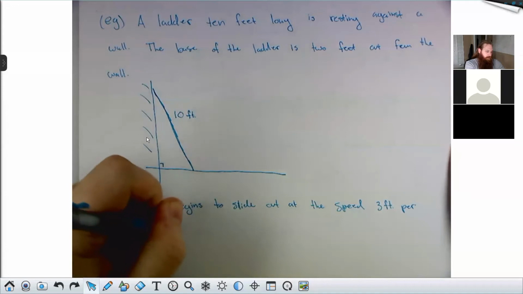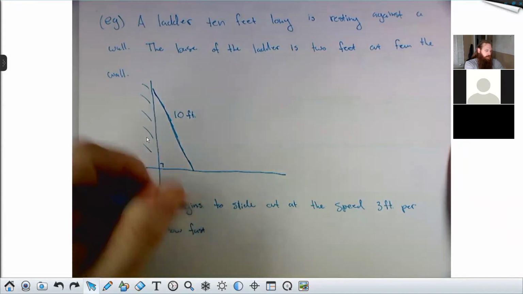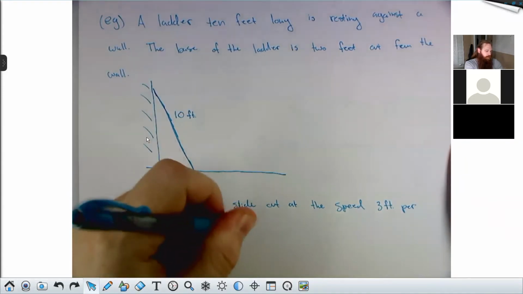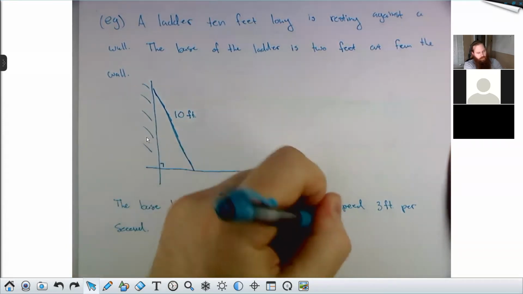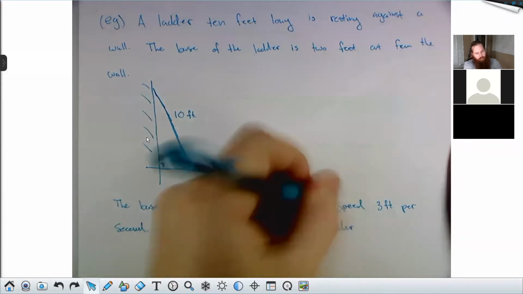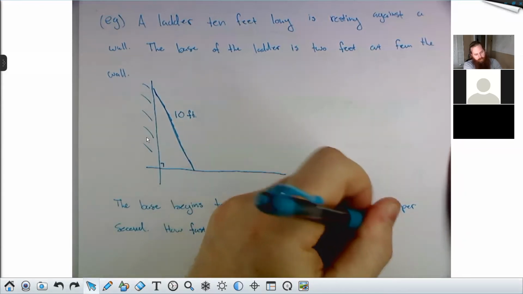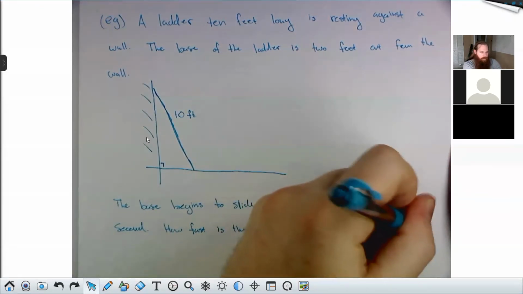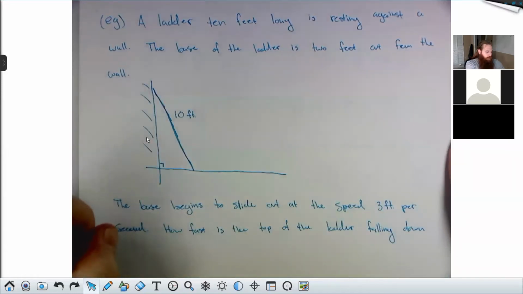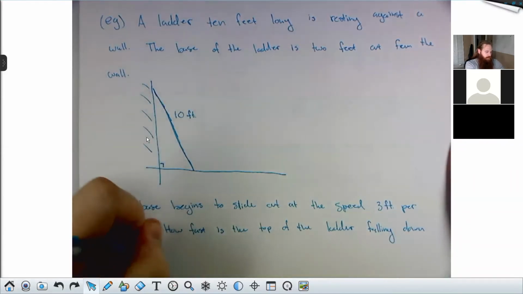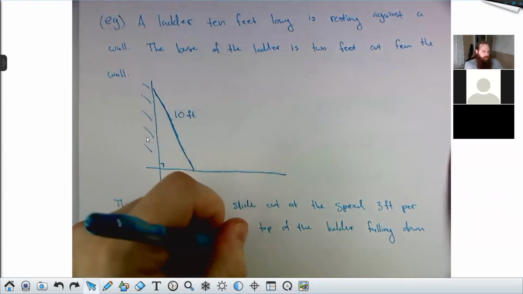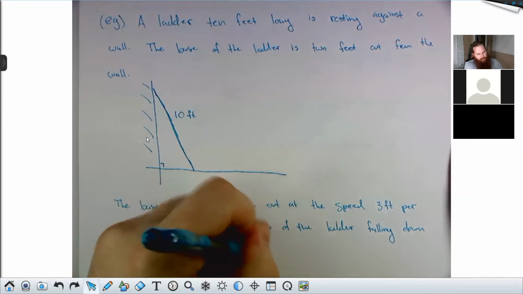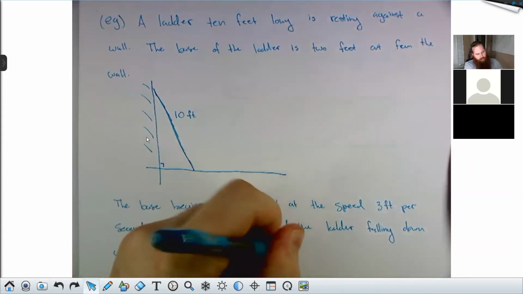How fast is the top of the ladder falling down when the base is 4 feet out?